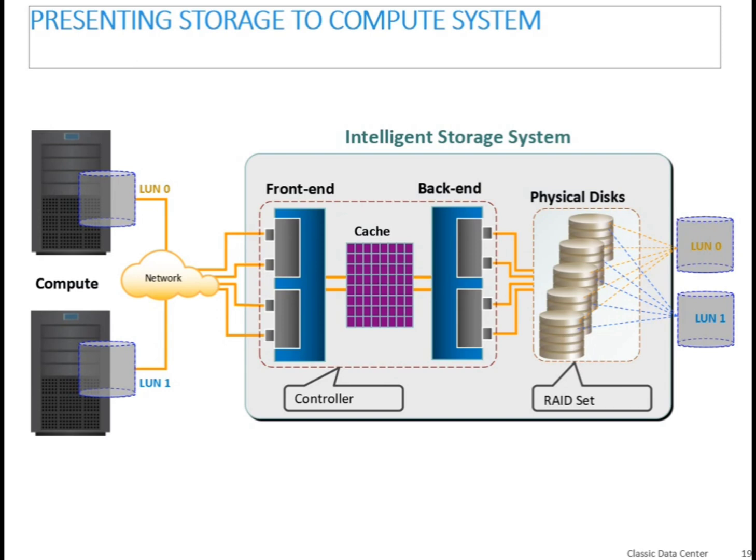The diagram on the slide shows a RAID set consisting of 5 disks that have been sliced or partitioned into two LUNs, LUN0 and LUN1. These LUNs are then assigned to Compute System 1 and Compute System 2 for their storage requirements.